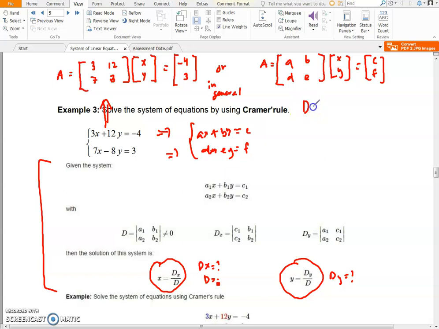D can be obtained from the determinant. So how to write a determinant? You need to use vertical bars for it. Don't use square brackets or round brackets, because those are for the common matrix.